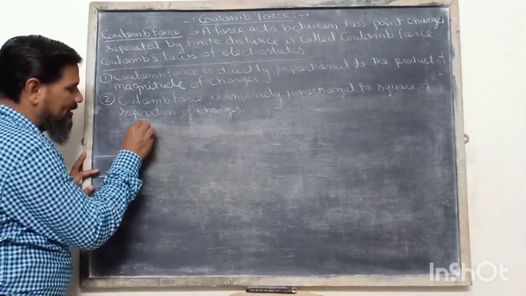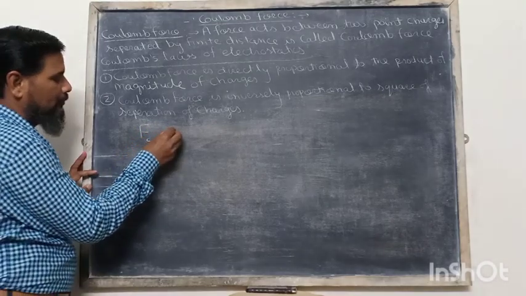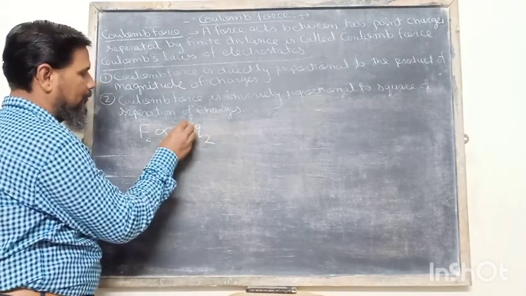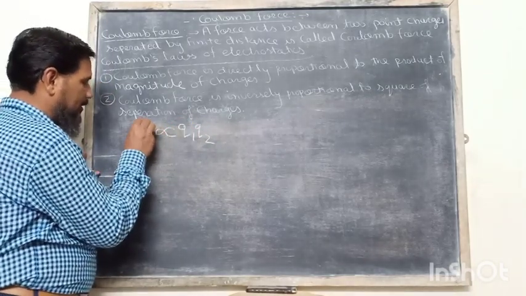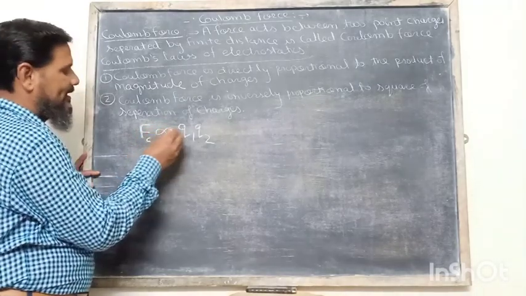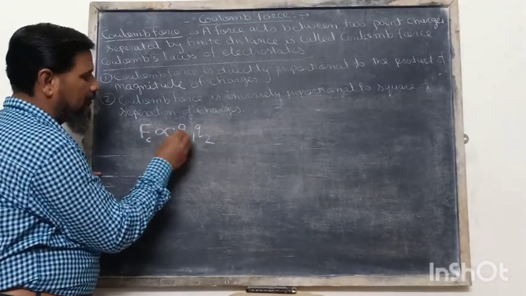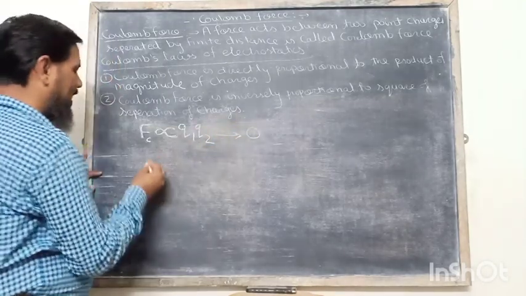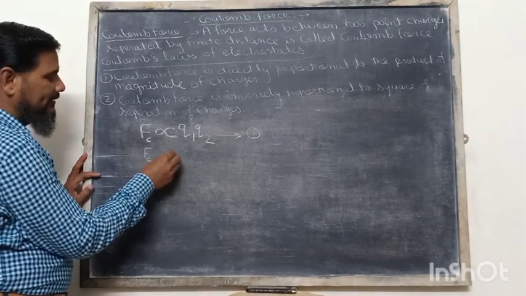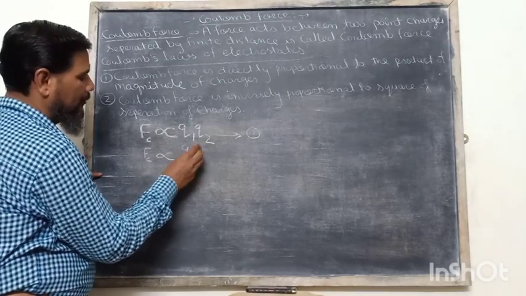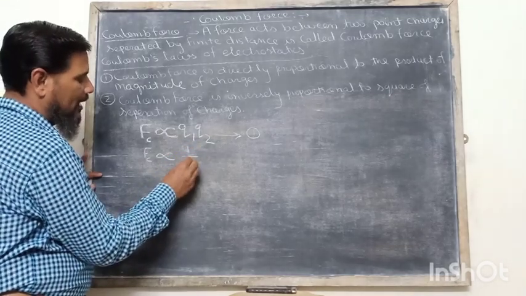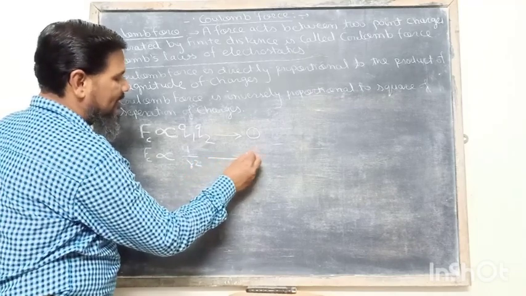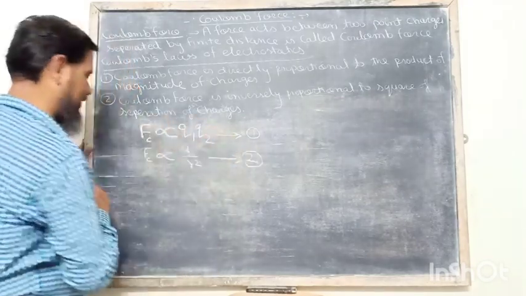That means FC is directly proportional to Q1 Q2, the product of the point charges. And the second is that FC is inversely proportional to R square, the square of the separation of the two charges.